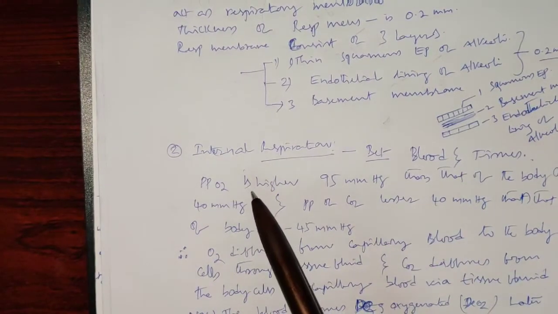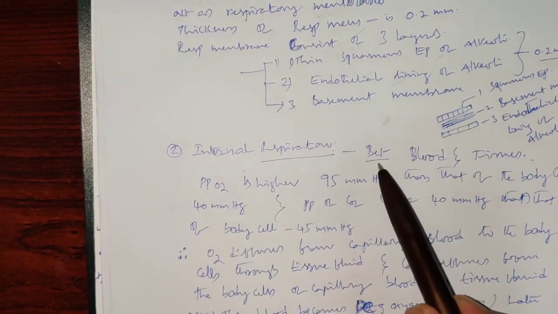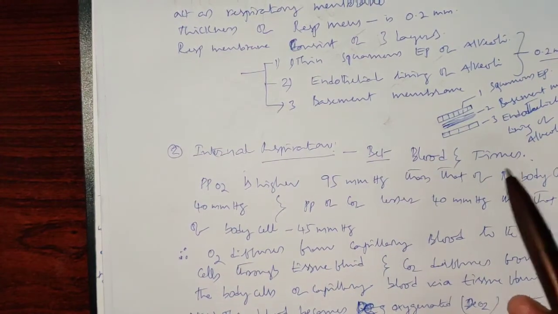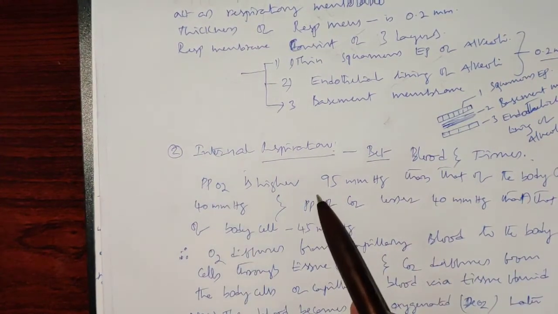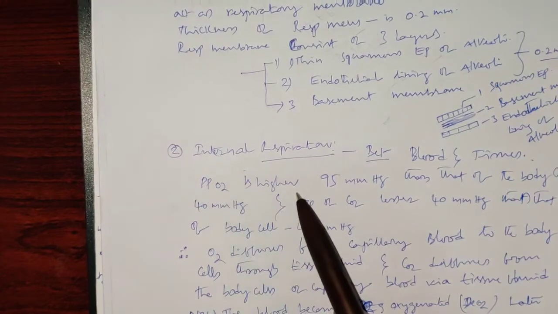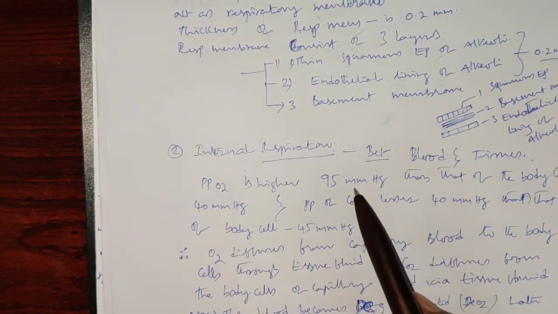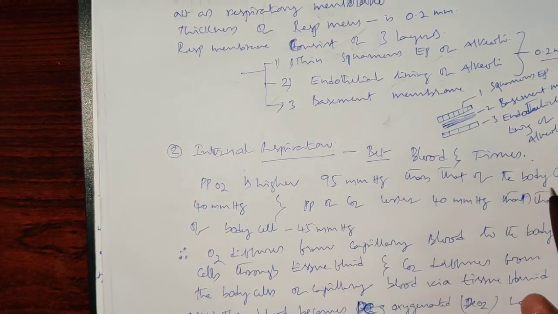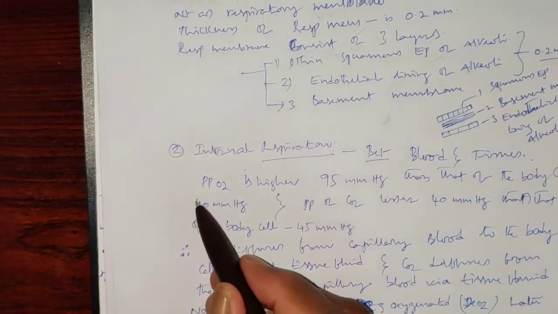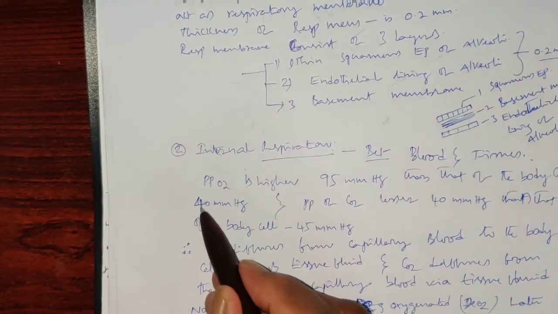The second is internal respiration. Internal respiration occurs between blood and the tissues. The partial pressure of oxygen is higher, about 95 mm of mercury in the arterial blood, than that of the body cells, which contain 40 mm of mercury.